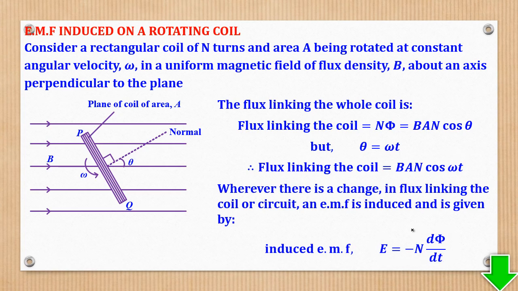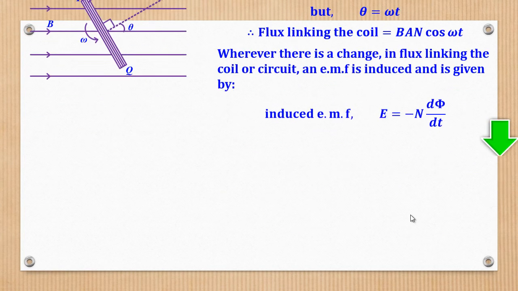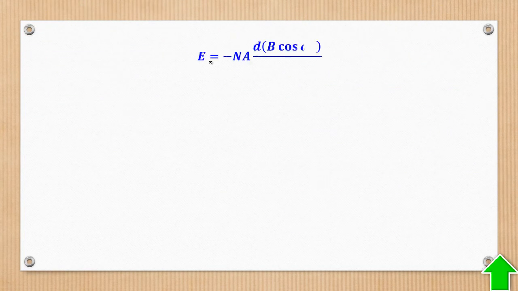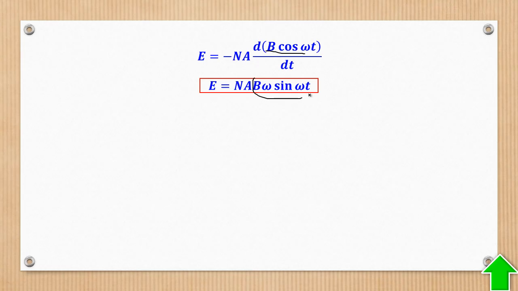I think you remember that. Come and substitute for phi. It is AB cos omega t. A can come out of the derivative because it's a constant. So when I differentiate this, I'll come up with B omega sine omega t. And the negative goes because when I differentiate cos, I get a negative.